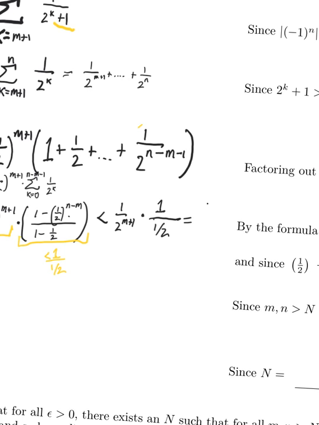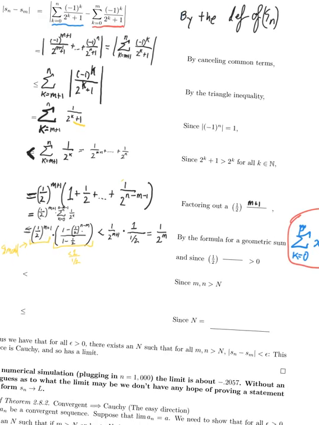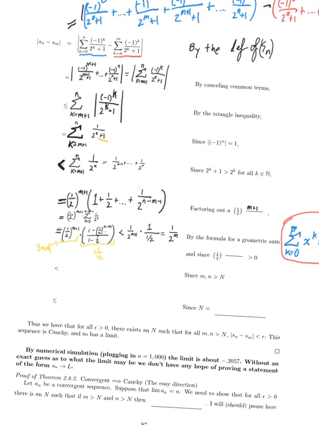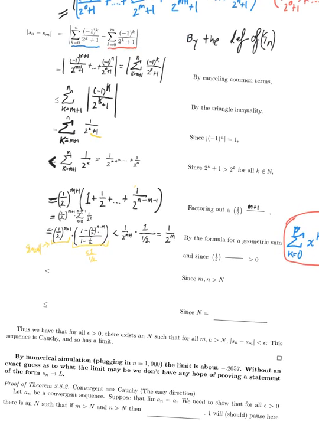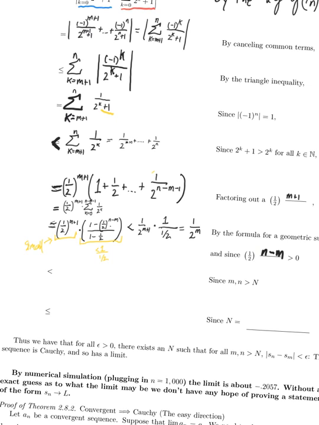So that's the same thing as 1 over 2 to the n. In that step, I use the formula for the geometric series, and I also use that 1/2 to the n minus m is bigger than 0. All right, so I have just a 1 over 2 to the power m.